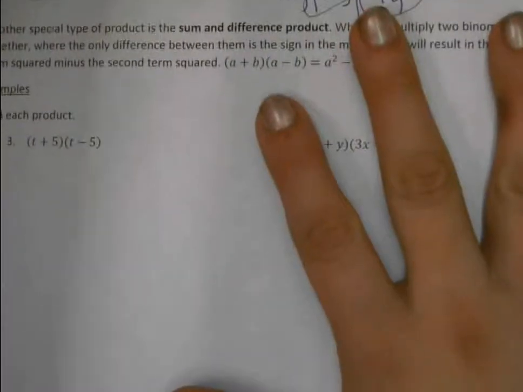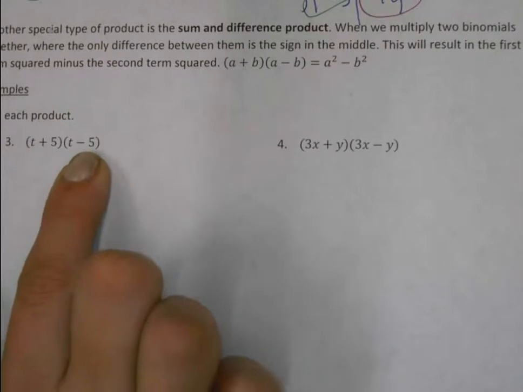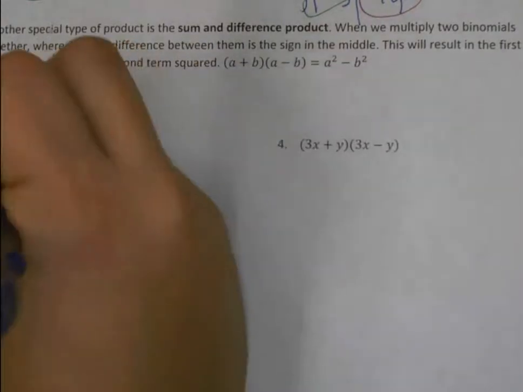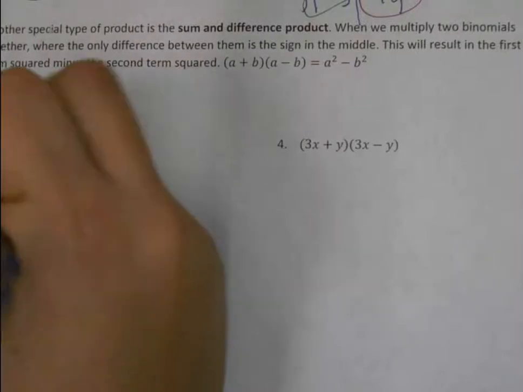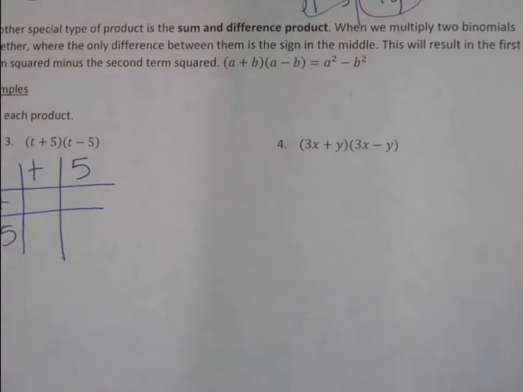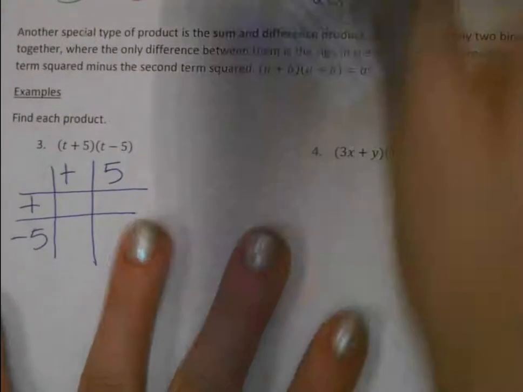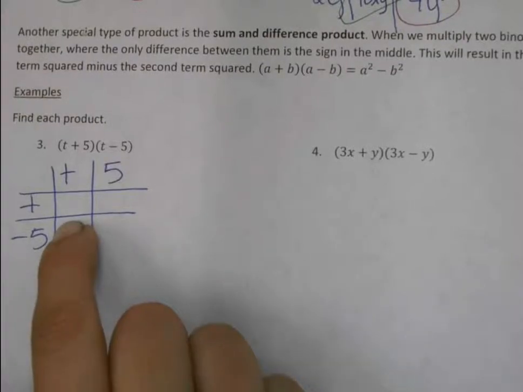On to number 3. What is different about number 3? One's positive and one's negative. Other than that, they're exactly the same. So I'm going to write one on the top, and then one on the side. What do I get in my first square?